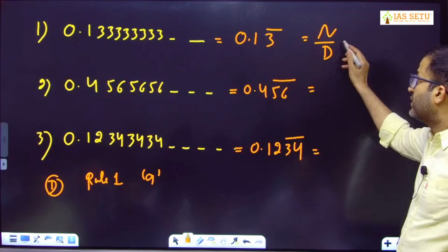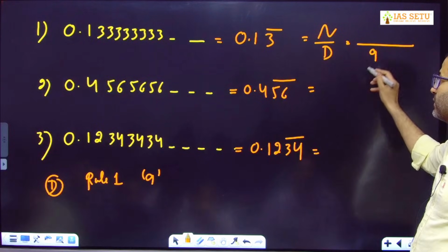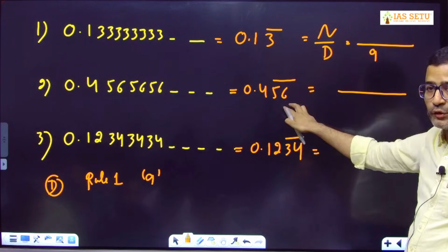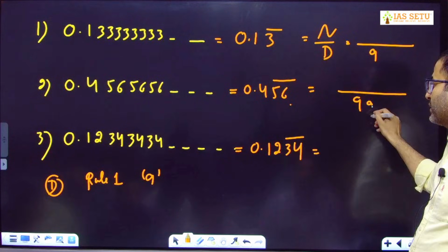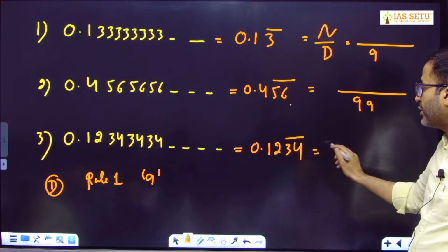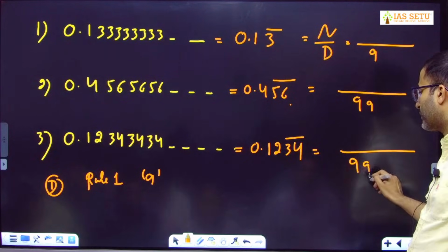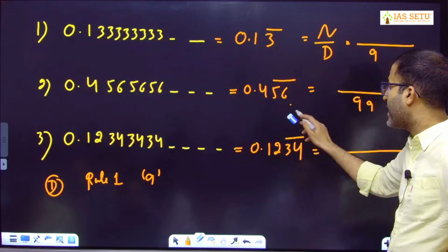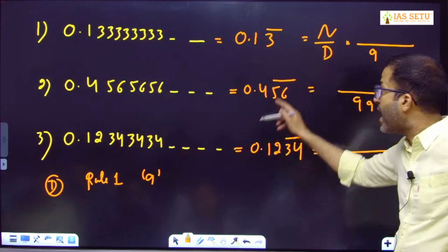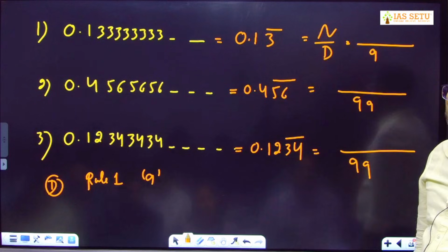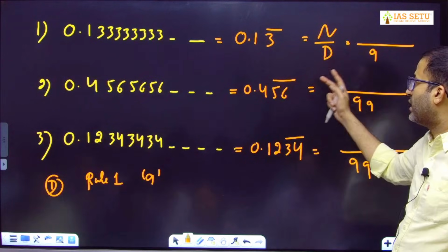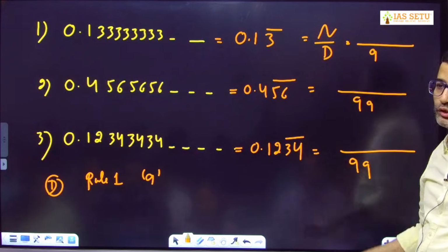So there is 1 digit under the bar, 1 9. There are 2 digits in the bar, double 9. Same like type 1. So we have 1 digit 1 9, 2 digit 2 9, 2 digit 2 9.